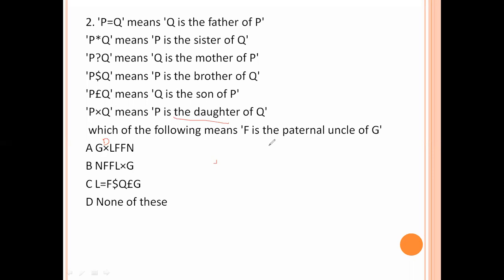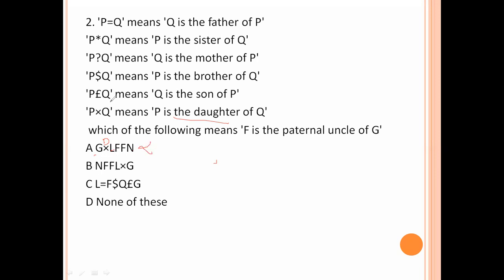Next here, F is the maternal uncle of G. Here you see F, L, daughter of G, daughter of L. Here you see that G, daughter of L. Here F, N is there. F has no meaning here. G, daughter of L. So there is no chance to answer here.